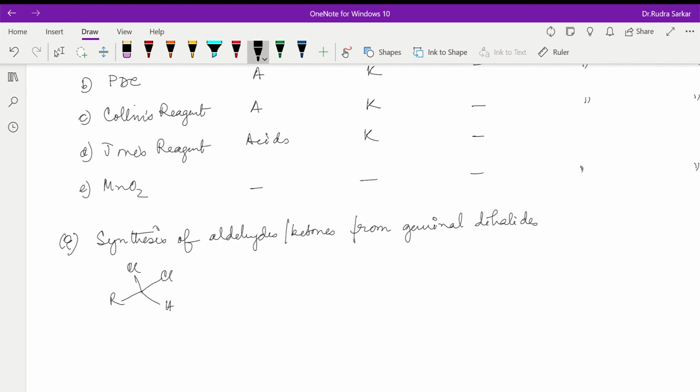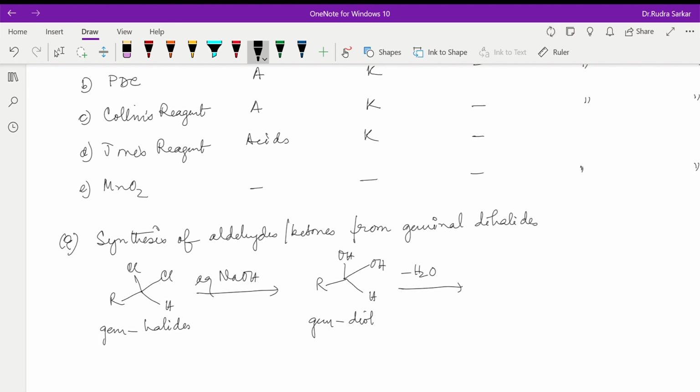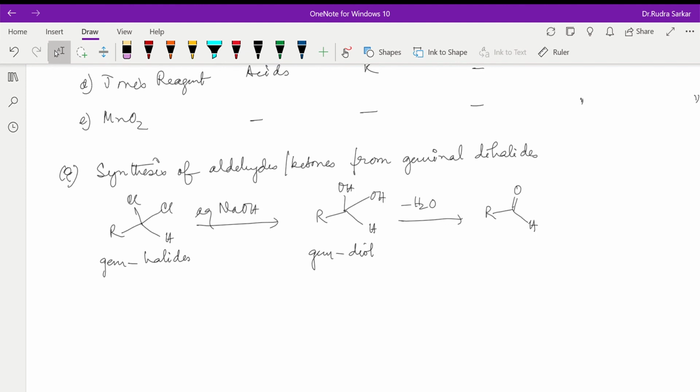When both the halogens are joined to one carbon, they are called gem halides. Gem halides undergo substitution reaction in presence of aqueous alkaline hydroxides to give you gem diols, and gem diols are unstable, so they easily lose water and subsequently they produce aldehydes. Okay, we take some examples for the above reaction.